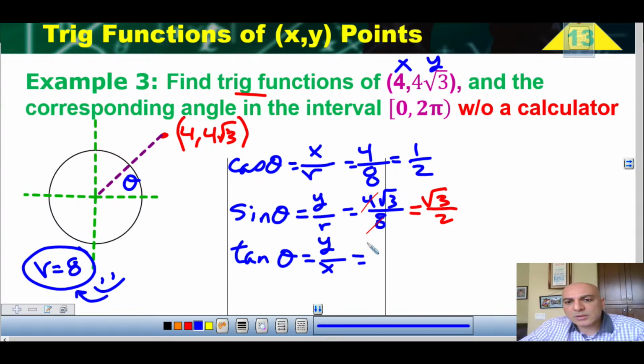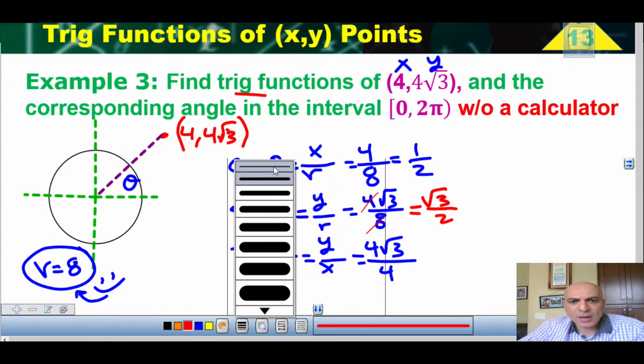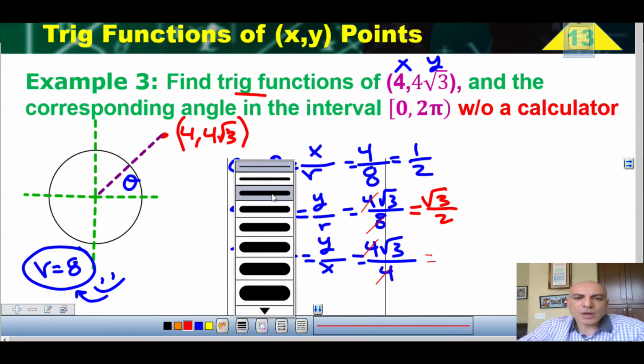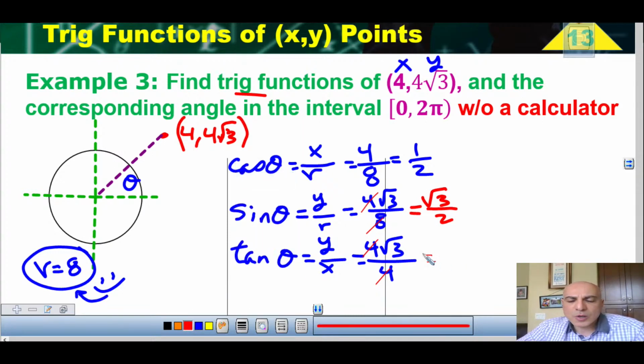The y is 4 square root of 3 over the x, and the x is 4. The 4s cancel, and that's going to leave me with a tangent of, interesting, just square root of 3.